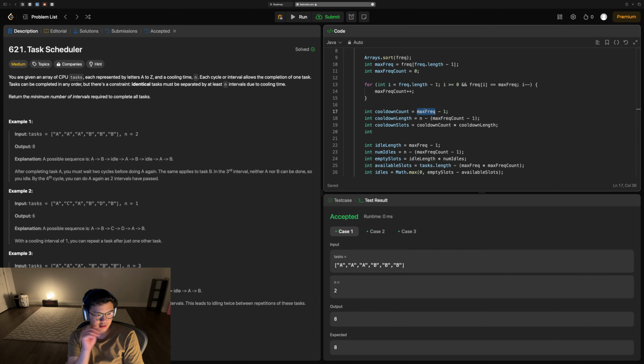Because this calculation doesn't take into consideration any task that doesn't have the max frequency. So max frequency times max frequency count.